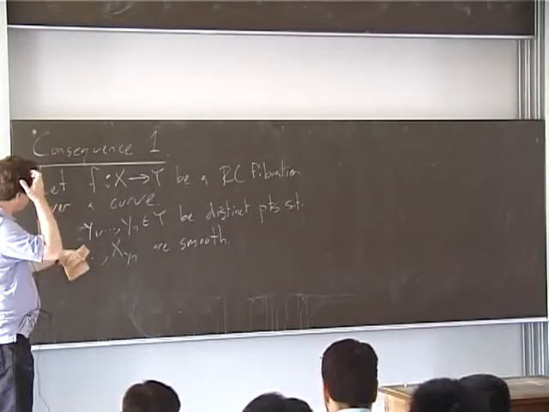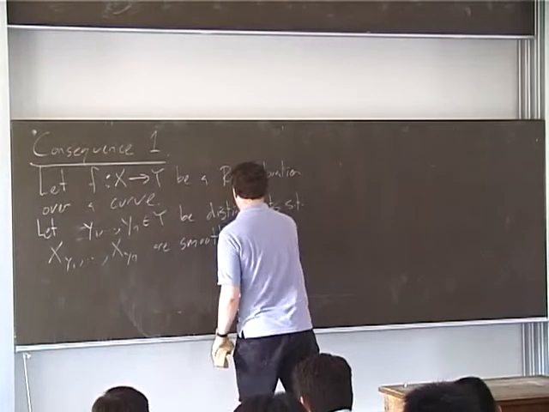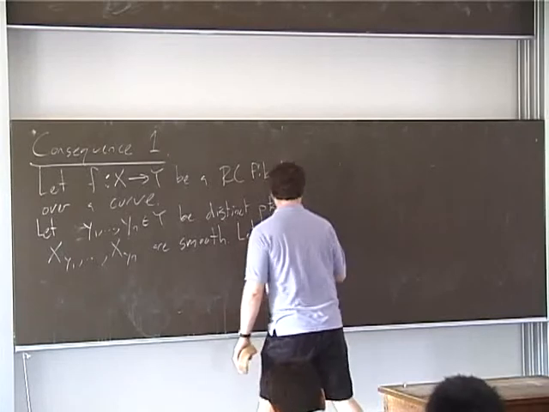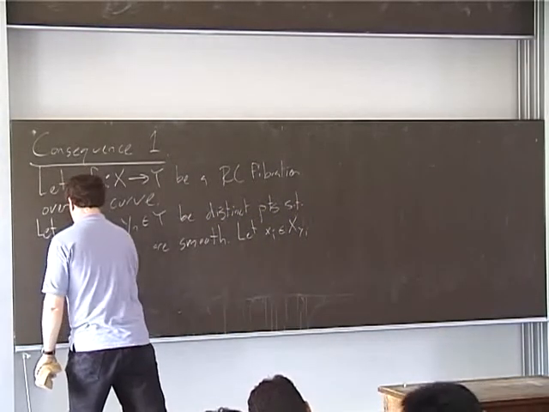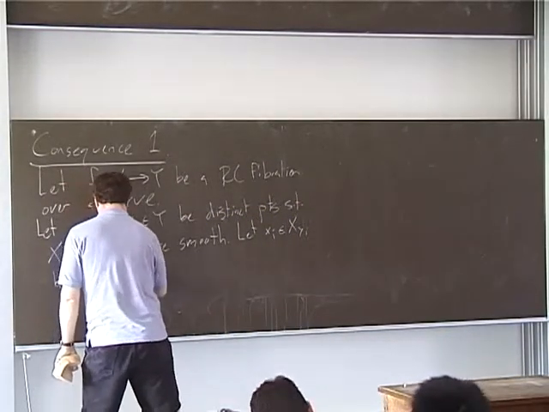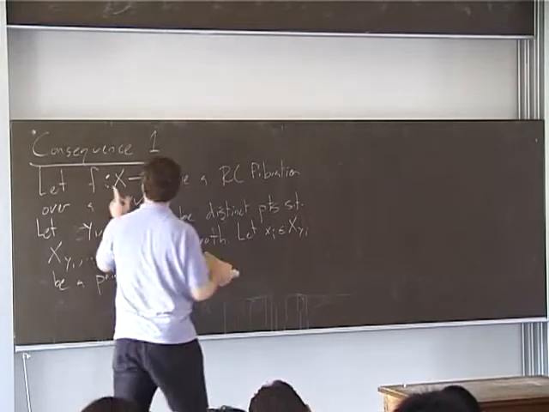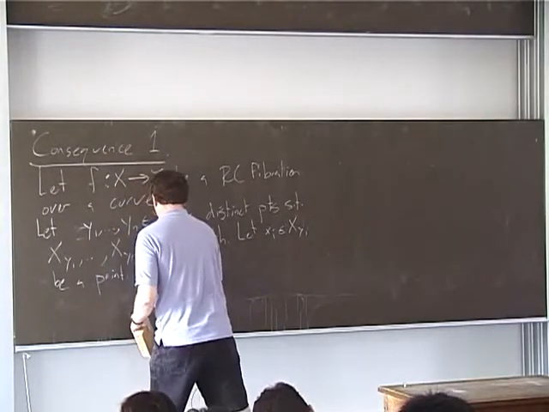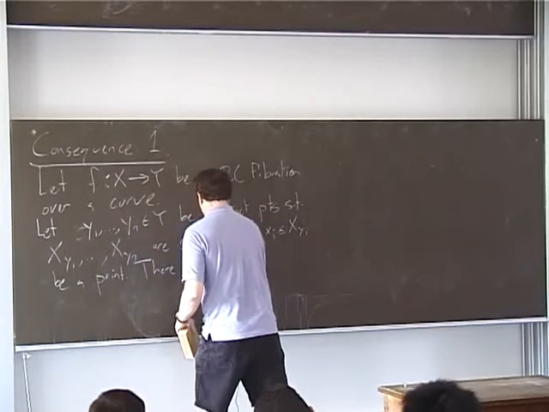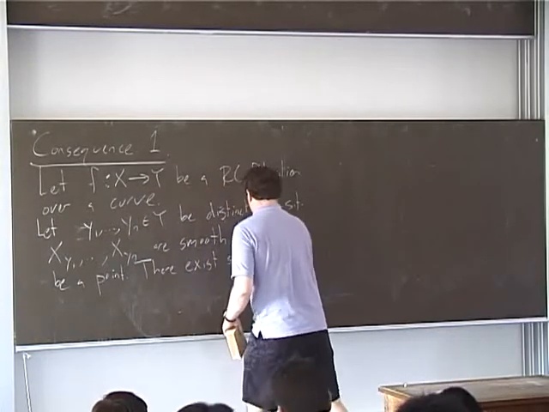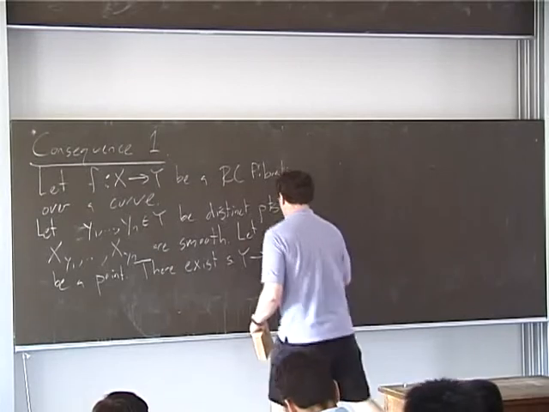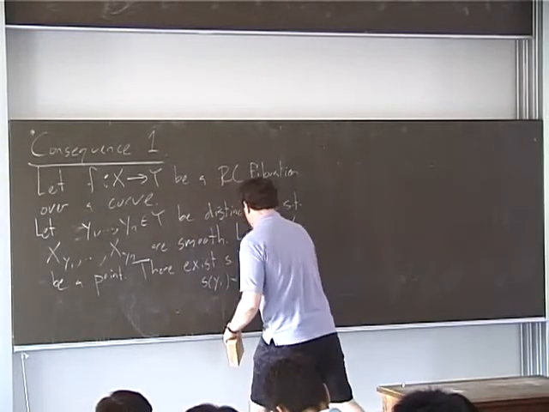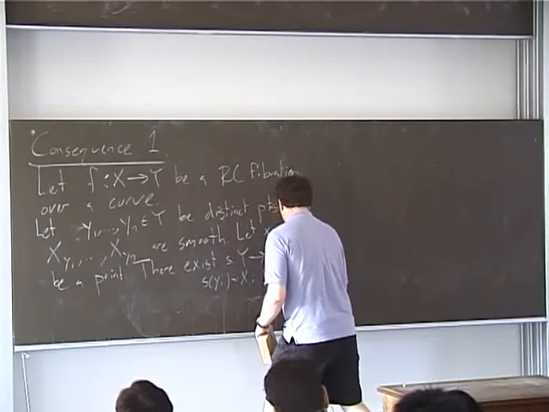So look at smooth fibers and let x_i, inside of x_{y_i}, be a point. Then if you know there exists a single section, it follows that there exists a section through all of these points, such that s(y_i) equals x_i for each i.